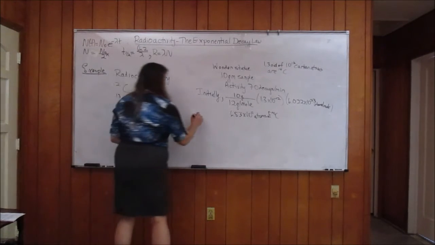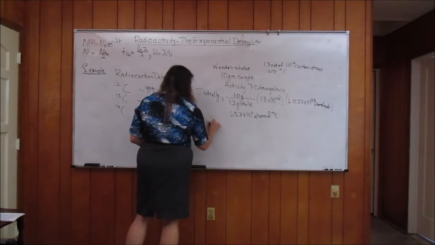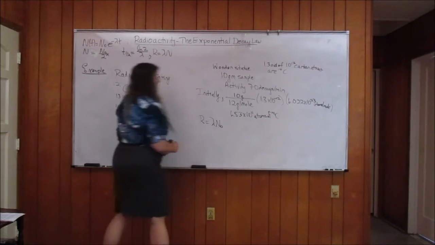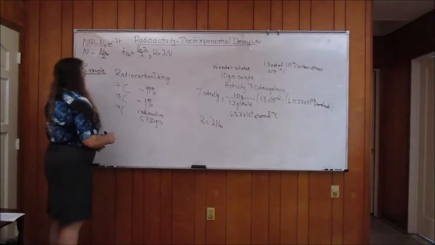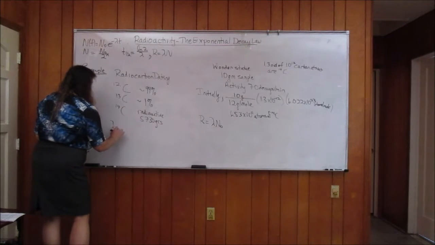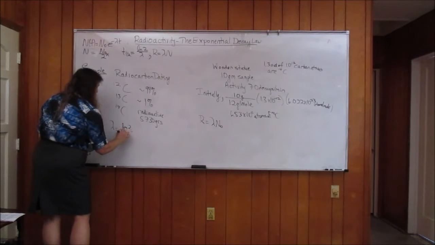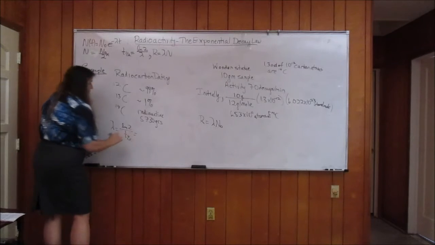So initially the rate of decay was equal to lambda times N naught. Now I haven't calculated lambda, I'm going to do that right now. Lambda is just equal to natural log of 2 over t 1/2.